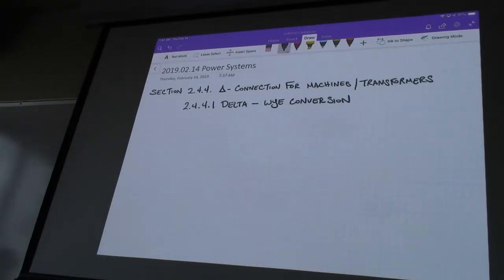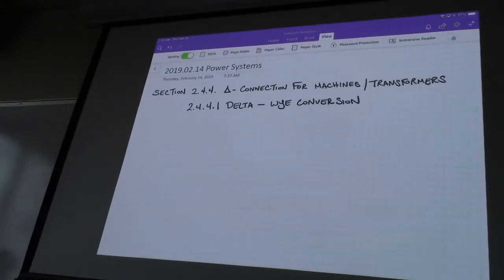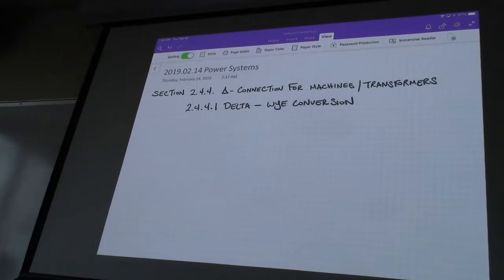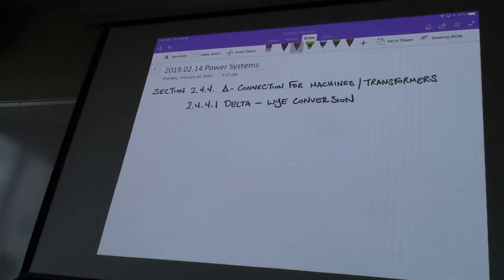So there's a couple different versions of this. The easiest is under balance conditions. Under balance conditions, simply ZY is equal to whatever the Z delta connected value is divided by 3.